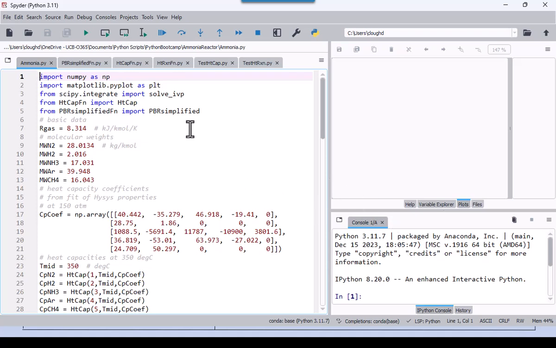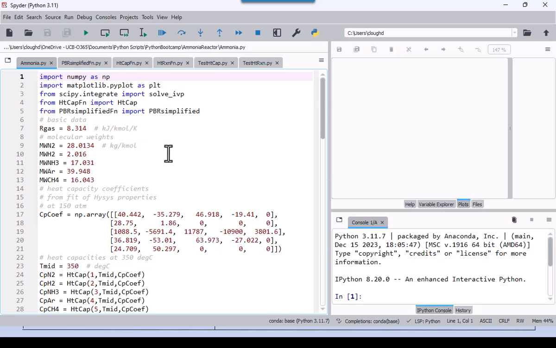First, I'm going to comment as we go through here that we are including NumPy and we're including matplotlib for making plots, and then we're including solve IVP, our routine for solving initial value problems, differential equations.